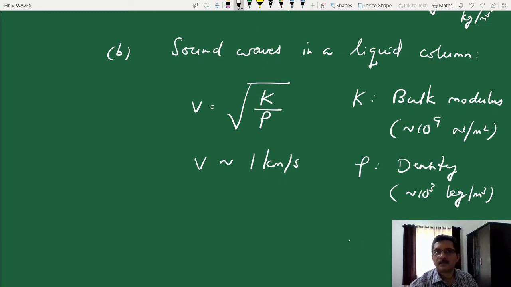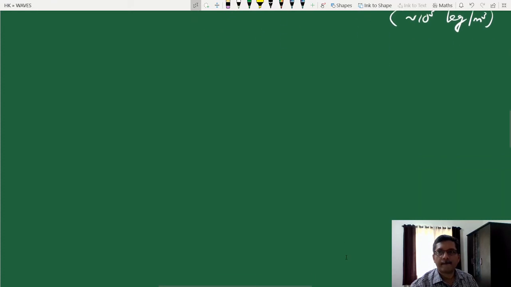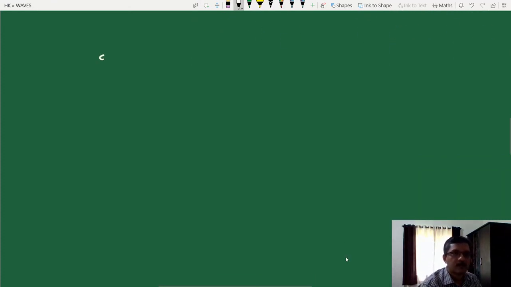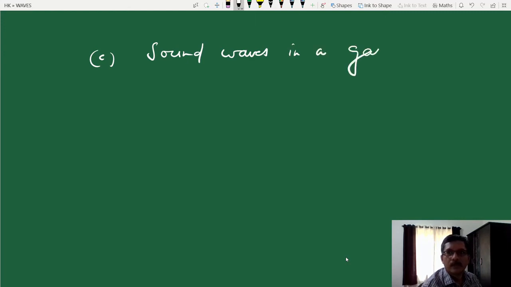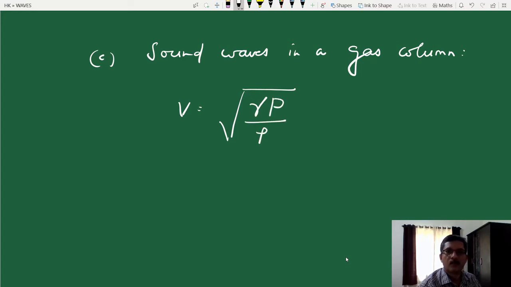Then let us consider sound waves in air, in a gas column, for example. Here the expression for the wave speed is square root of gamma times pressure divided by rho.